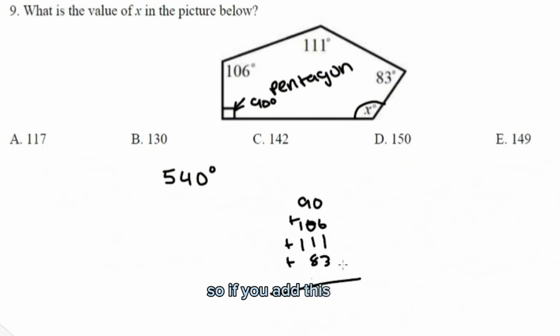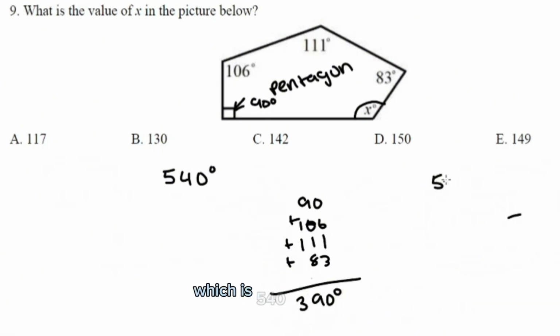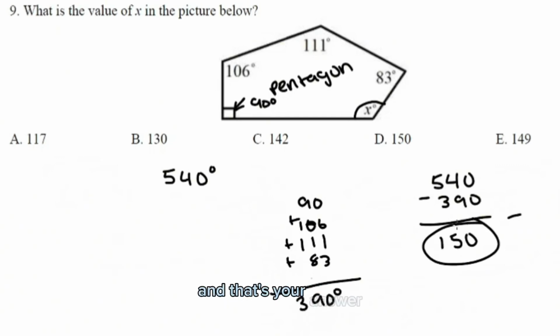Alright, so if you add this up, this gets you 390 degrees. Now we know what all the other 4 angle measures add up to. Now we need to find the 5th one. We can do that by subtracting the measure of all 4 angle measures from the total, which is 540 minus 390. That gets you 150, and that's your answer.